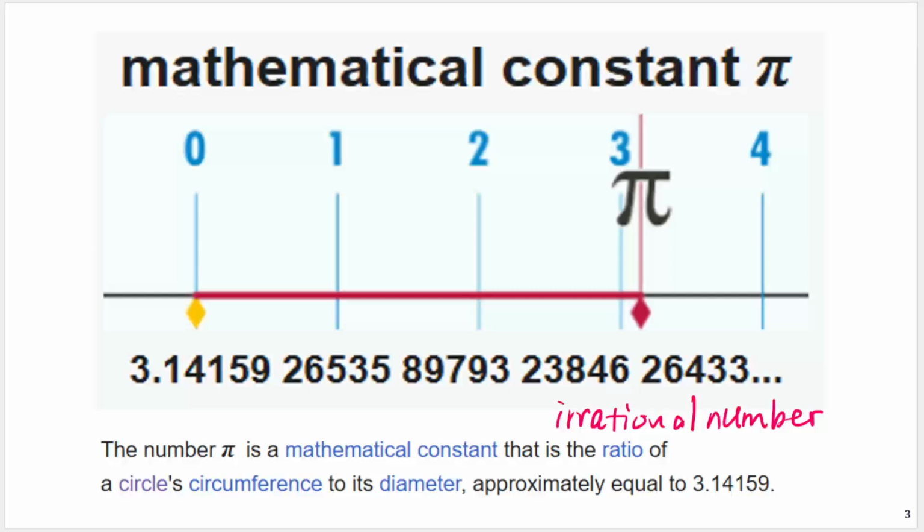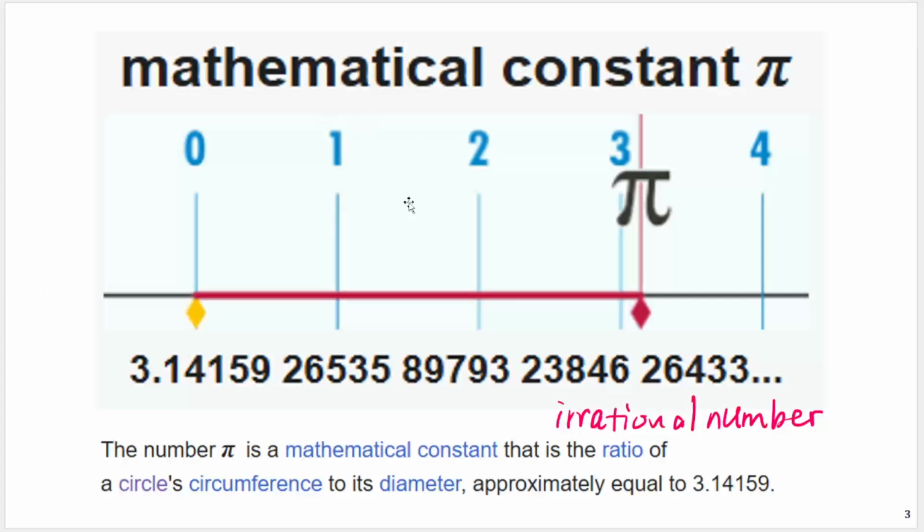So usually we use an approximation, depending on which accuracy you need. For example, we usually take 3.14 as an approximation of the constant pi. So next, let's have a look at a practice.